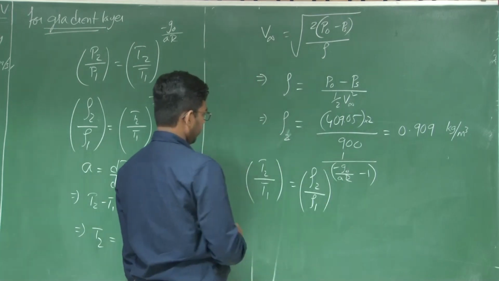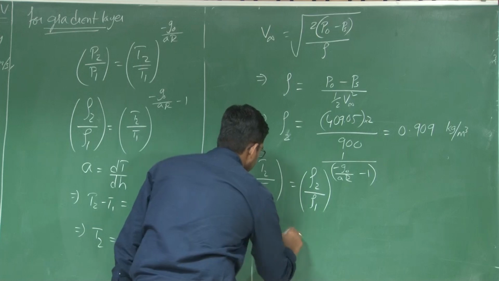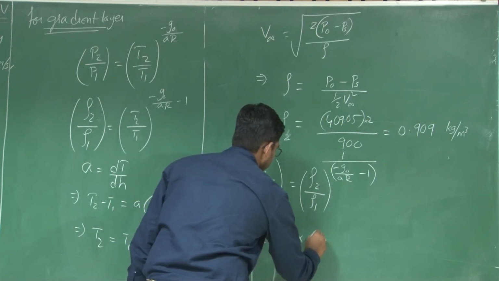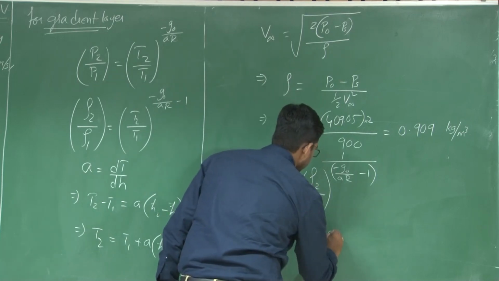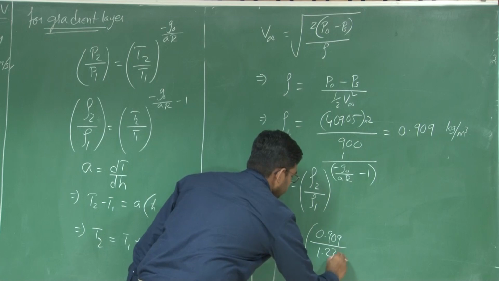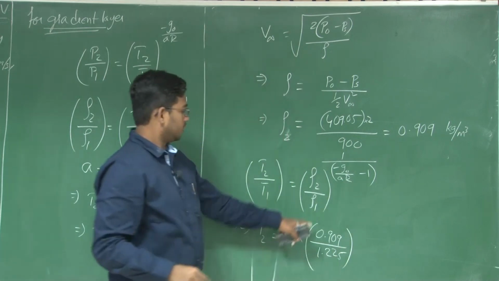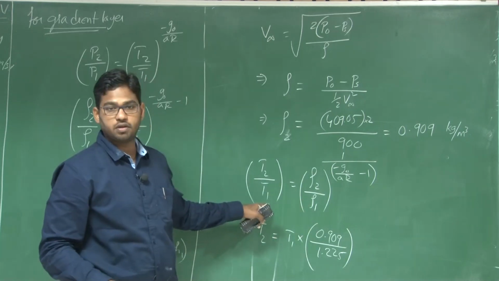So T2 is equal to T1 times rho 2, which is 0.909, divided by 1.225 kg per meter cube. Rho 1 is the sea level density and T1 is the sea level temperature.